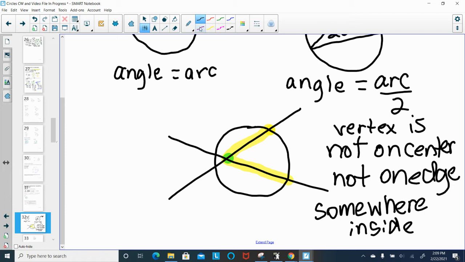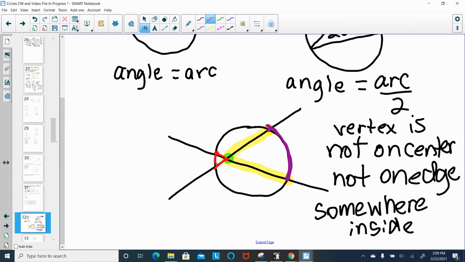So what's important for us to understand is that this angle touches here and it has an arc. But then remember, this angle has a vertical pair. Remember how it has a vertical angle partner where they're equal.